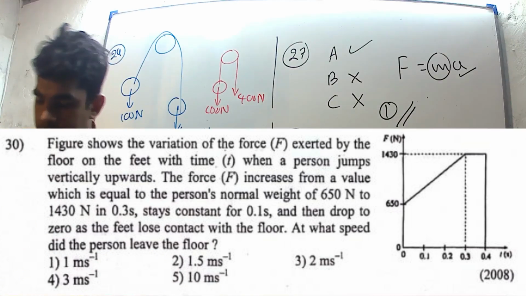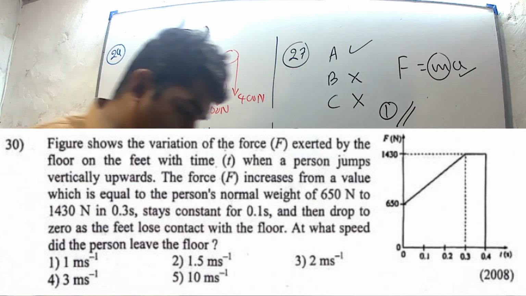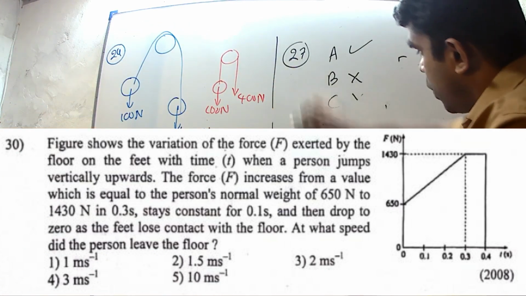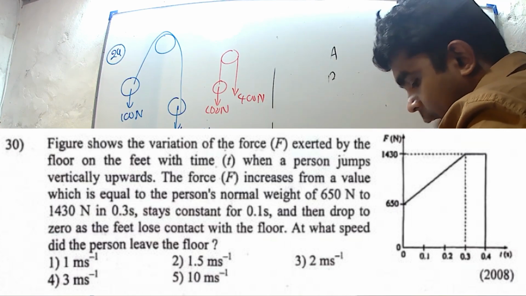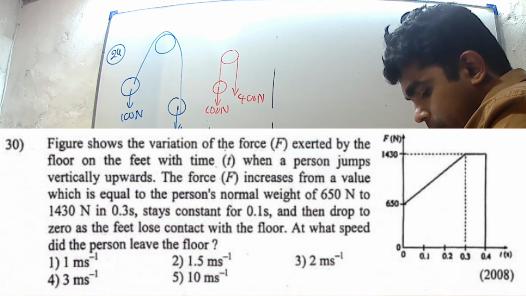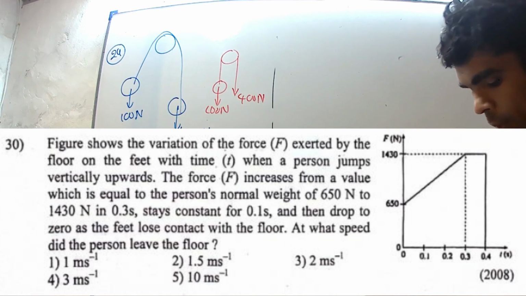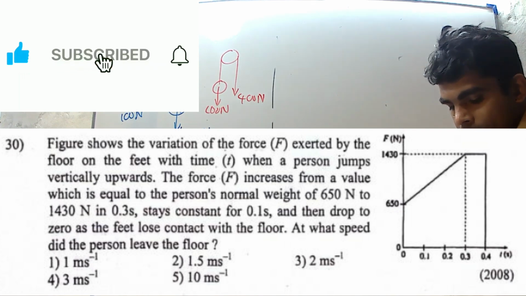Then question number 30. The figure shows the variation of force F exerted by the floor on the feet with time when a person jumps vertically upward. The force increases from the value which is equal to the person's normal weight 650 to 1400 Newton in 0.3 seconds.